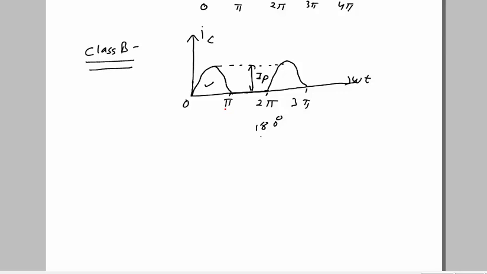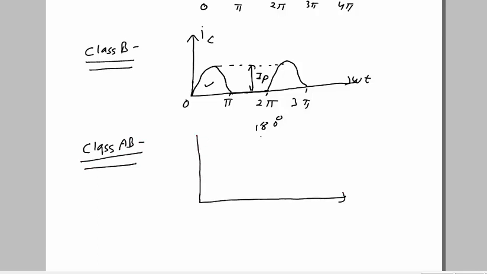Next, class AB. Let us see the waveform first. Class AB is biased at a non-zero current, but lower than the peak current of the input signal.